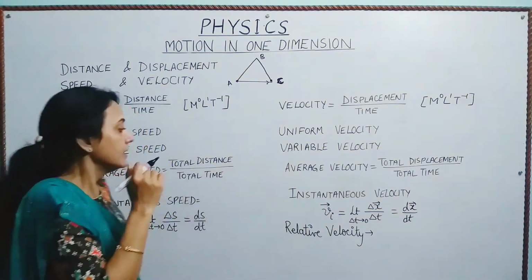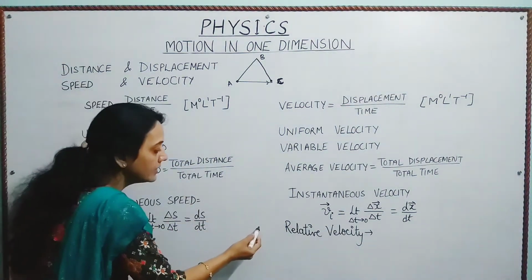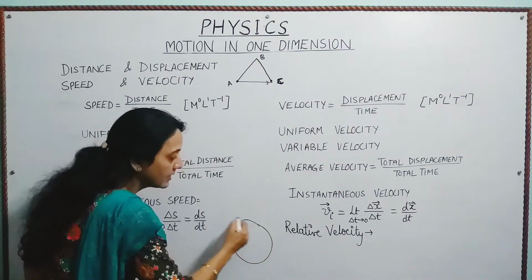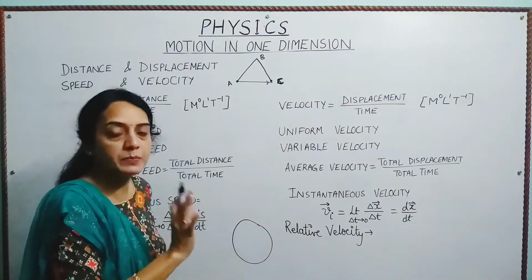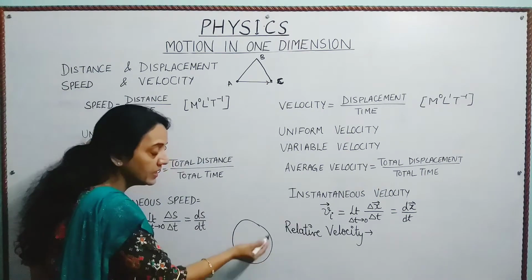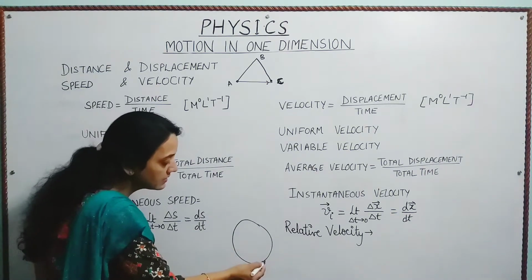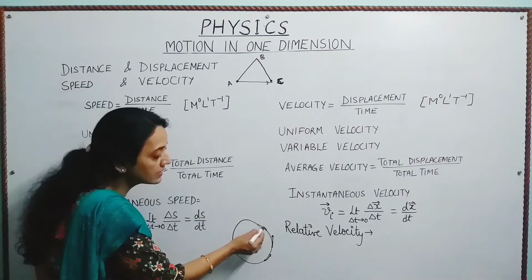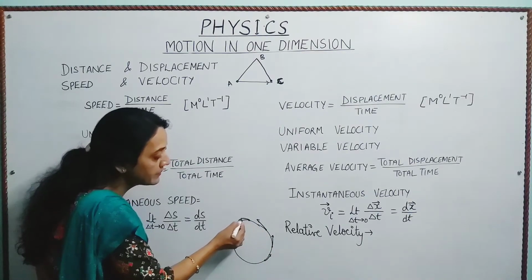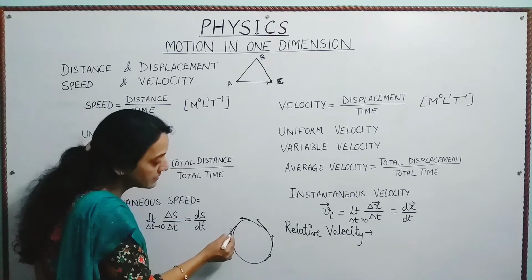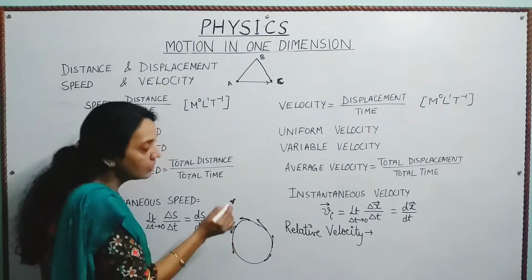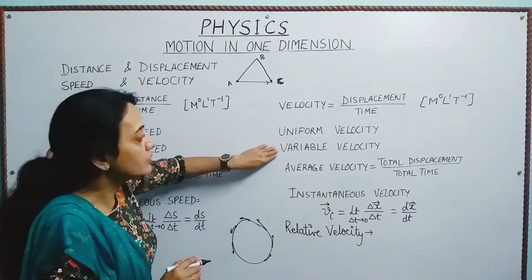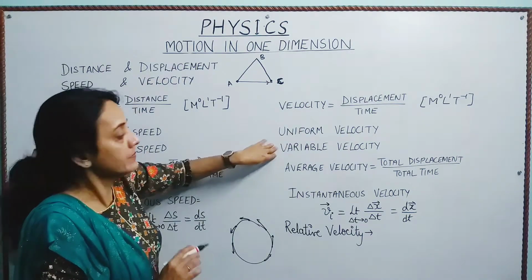Like if a body is moving on a circular path with constant speed, the speed is the same, but since the position of the body is continuously changing, the direction is changing. So we can say the body is moving with variable velocity.